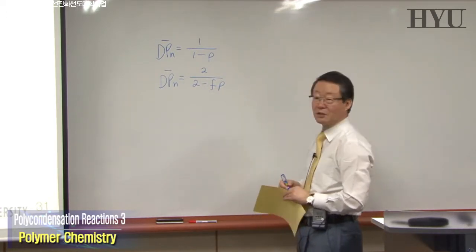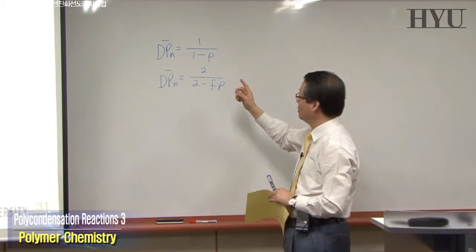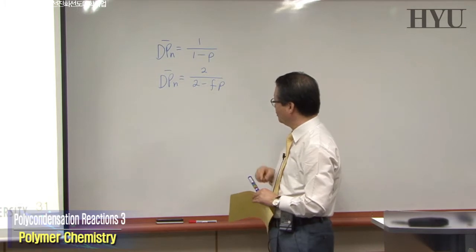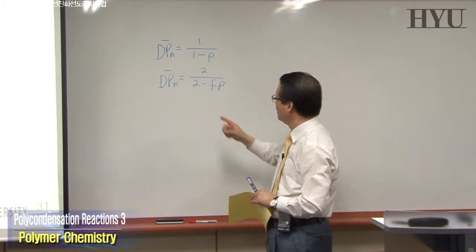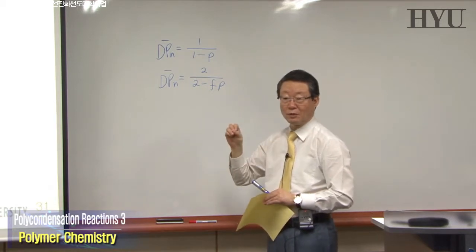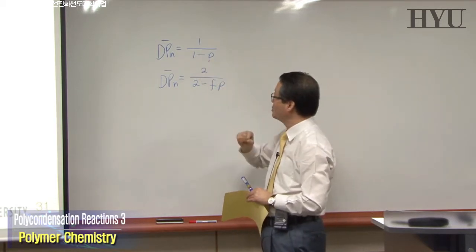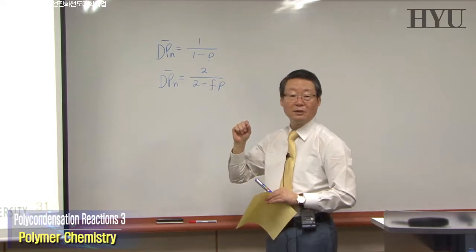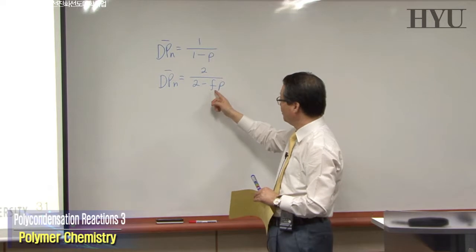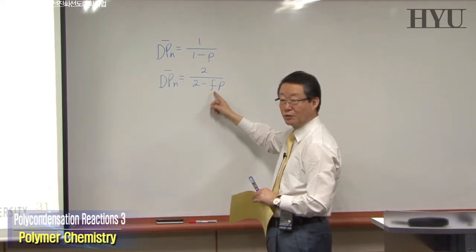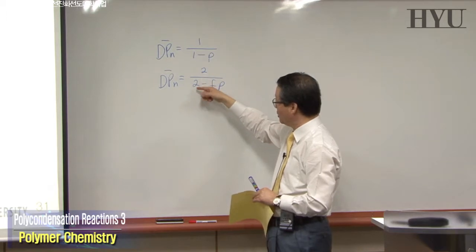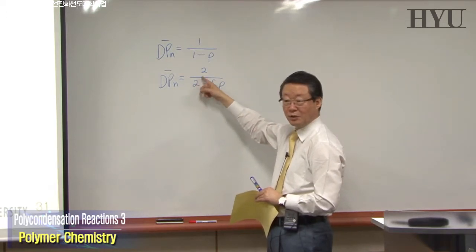For the polycondensation reaction, if you consider the functionality, then you have to think about the functionality f, where f is the number of functional groups in your monomer. We assume that in this Carothers equation, the functionality is equal to 2. But if the functionality is over 2, then you have to consider this equation. Now, I told you about the meaning of this 2 here.